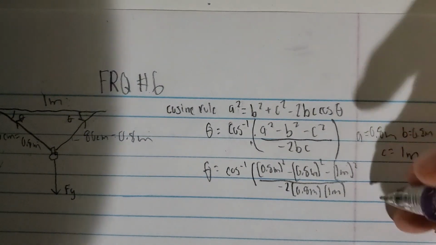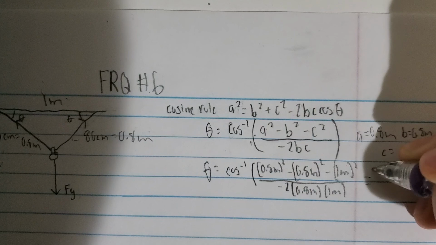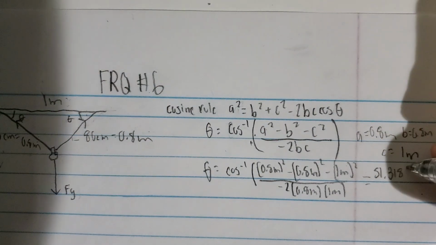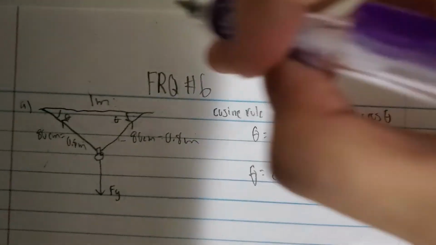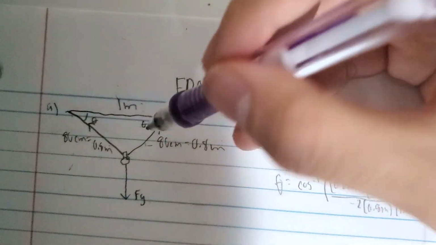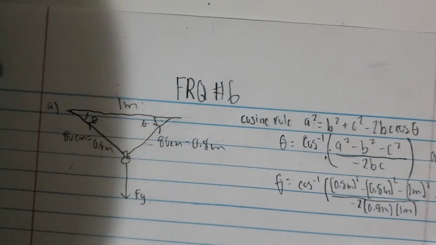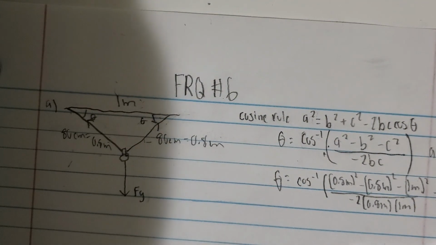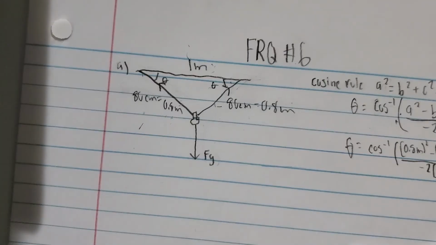Plugging this into the equation, my angle turns out to be 51.318 degrees. So both of these angles will be 51.318 degrees. So now that we have that, we can use that to find our tensions.